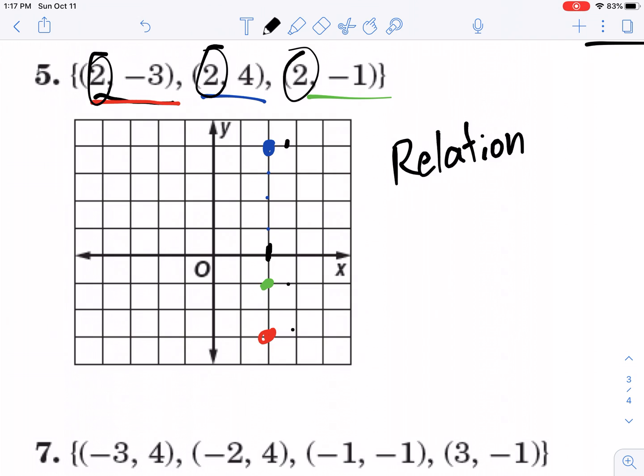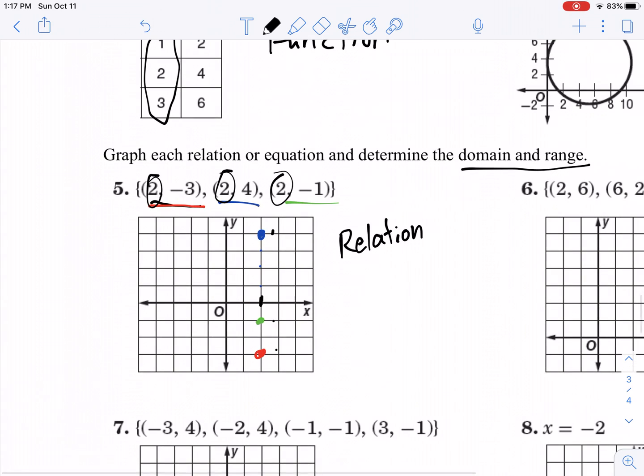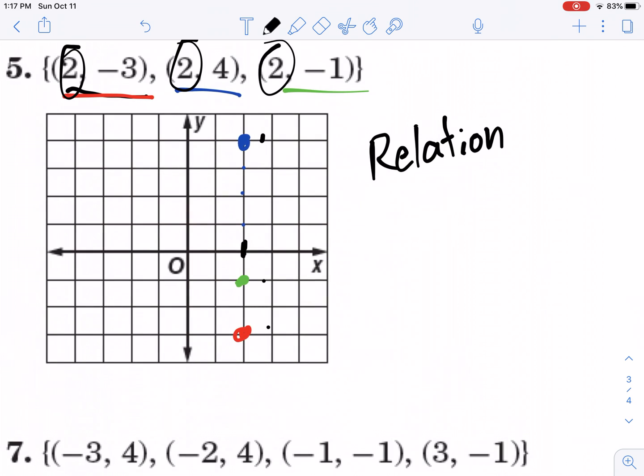Now, when they talk about domain and range, okay, here's what you need to know. Domain is the x, all the x's. Range is all the y's. So when it asks us to state the domain and range, this is what it really means. The domain, we can say D for domain, is all the x's that are here. Well, what are all the x's here? Just the 2, right?